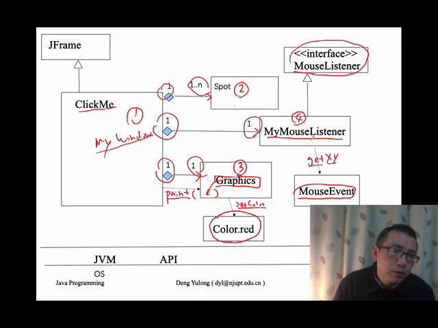So between my MouseListener and the MouseListener interface provided by the system, by the platform, the relationship is the interface inheritance. So we use this arrow to display the interface inheritance relationship between them.